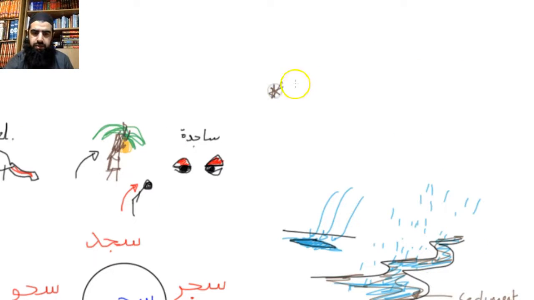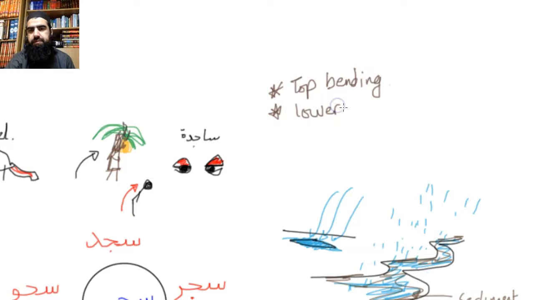Right. So let's list the meanings that we try to understand from sajada. One of the meanings we get out of this is the top part of something bending, like the date palm bending, the camel's head, etc. Another meaning we get from this is lowering.